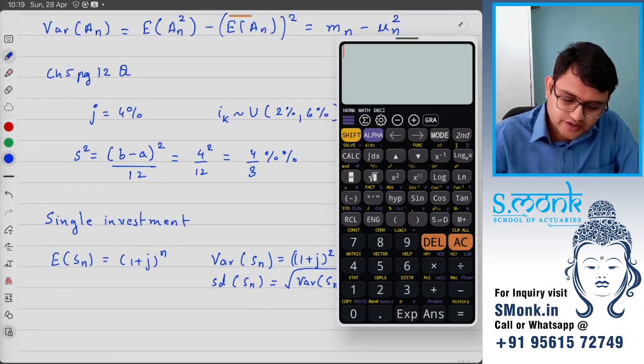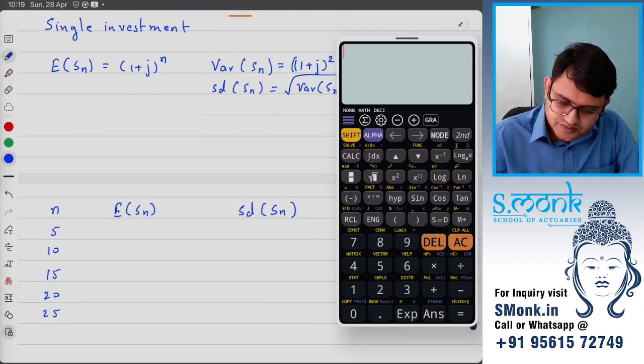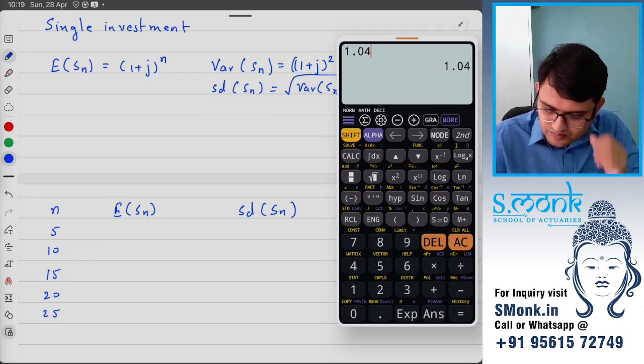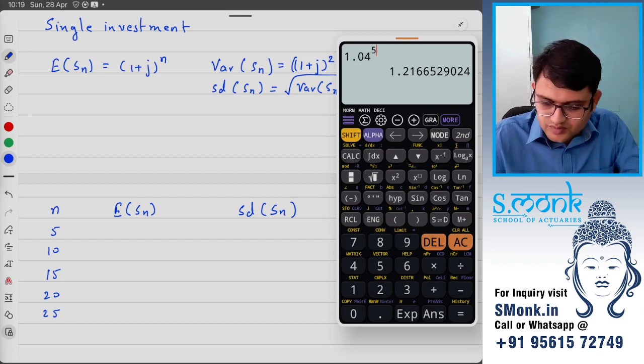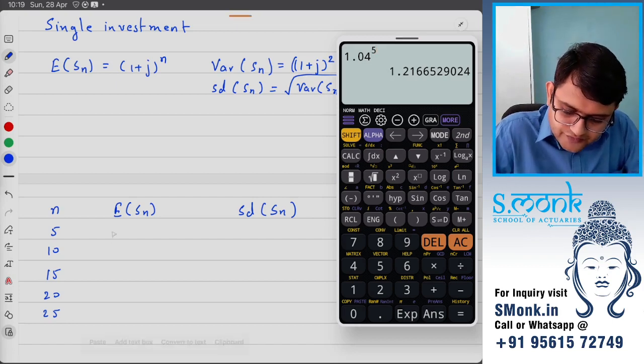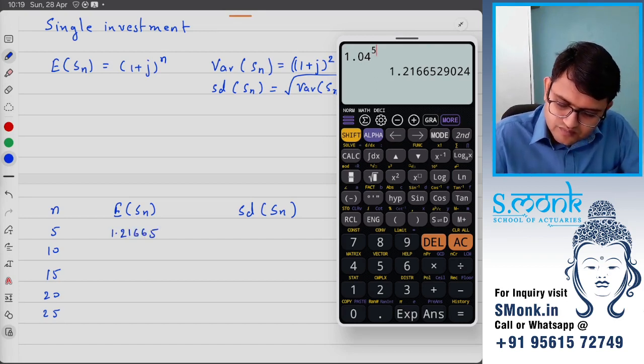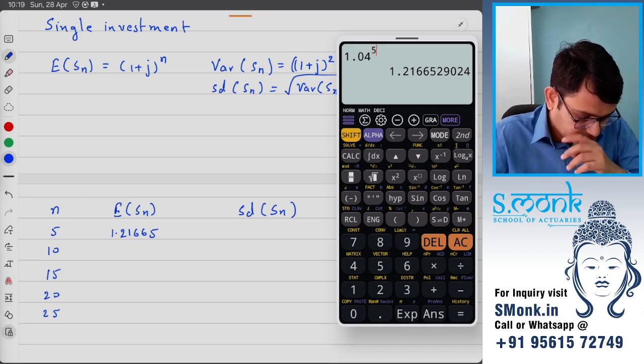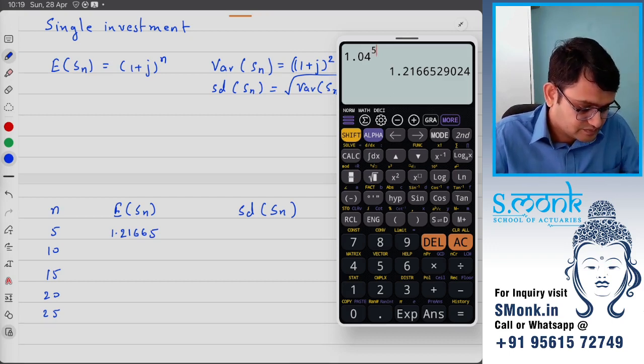So the j, the rate of interest, was 4%. So raised to 5. Okay.